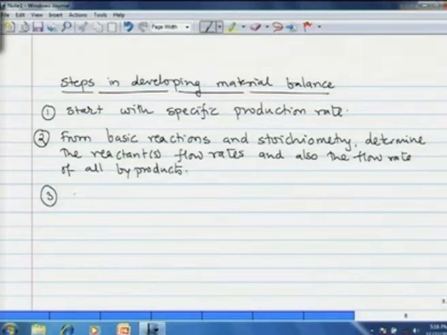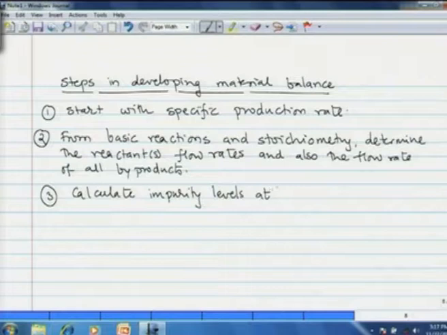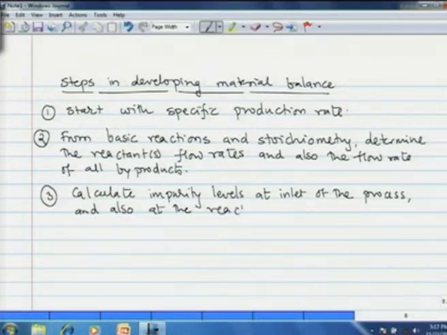Next is calculate the impurity inputs or impurity levels at the inlet of the process and also at the reactor outlet if we recover all reactants and recycle them.